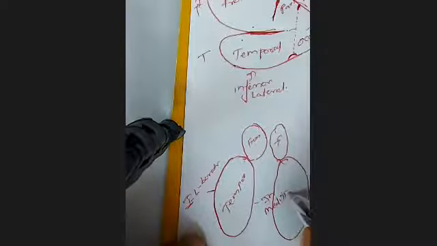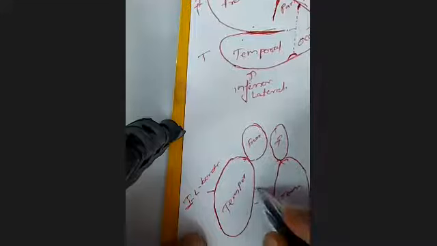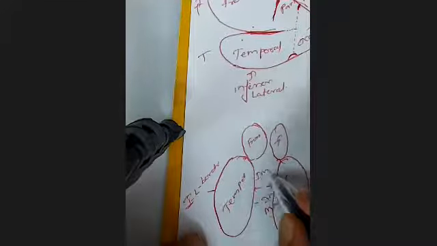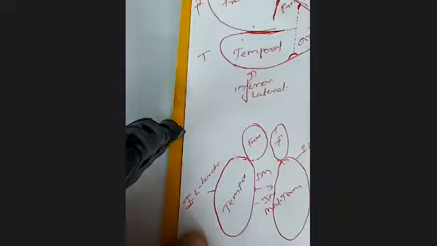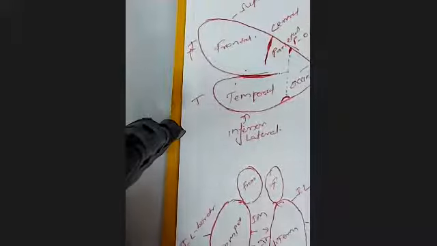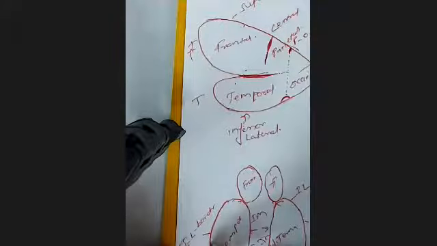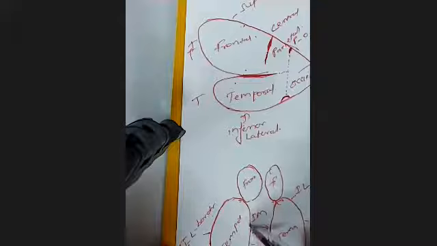This is the inferomedial border. On this side also there will be one more. So the lower side of the cerebrum looks like this: frontal and temporal surface. Both of these are the inferomedial borders, and this is the inferolateral border. That means the cerebrum has three borders: superior border, inferolateral border, and inferomedial border.